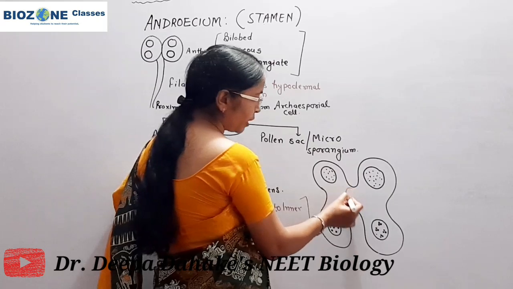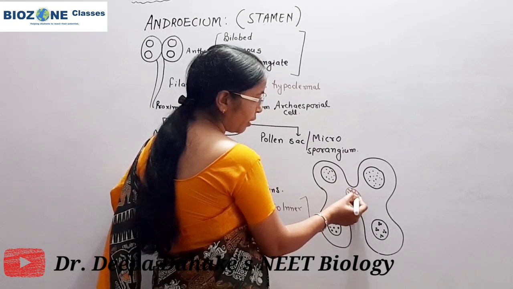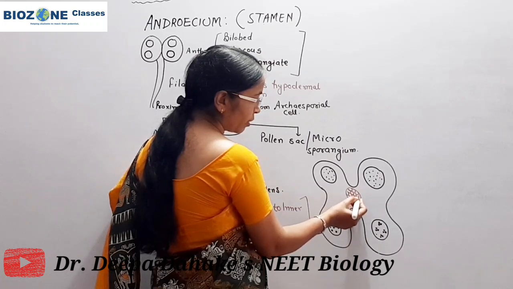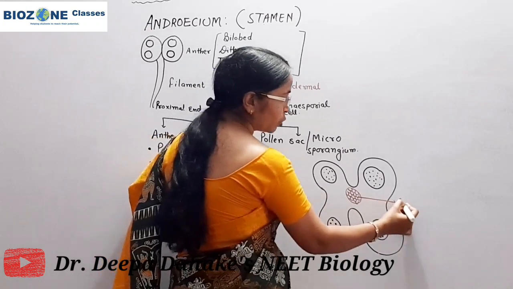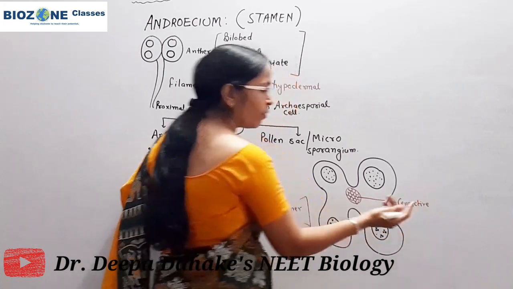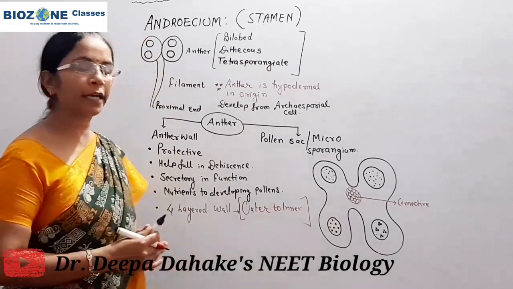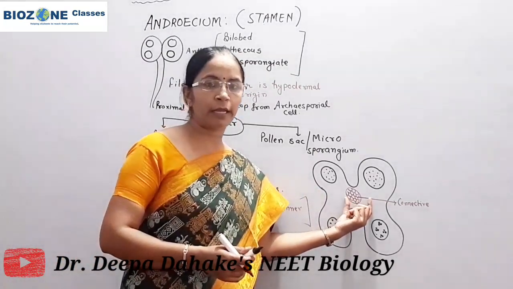In addition to this, one sterile tissue is present exactly in the center of the anther. This sterile tissue is called the connective. This is the part where the filament is connected, and both lobes are connected to the anther.